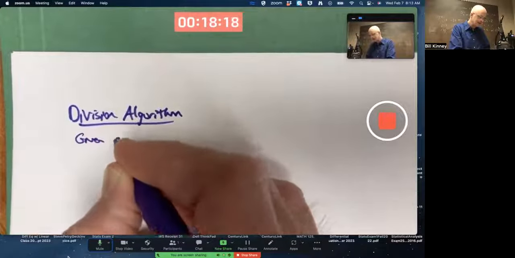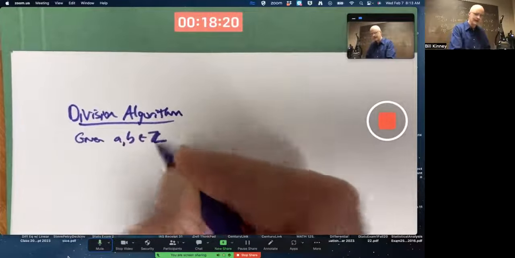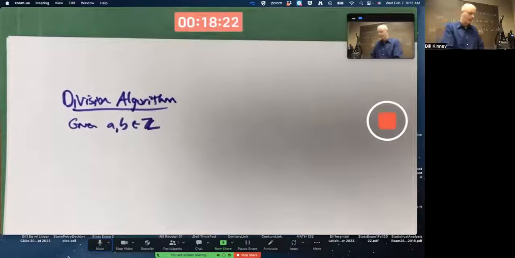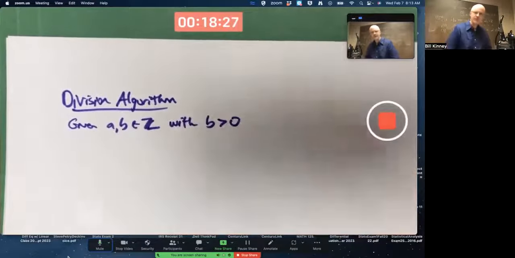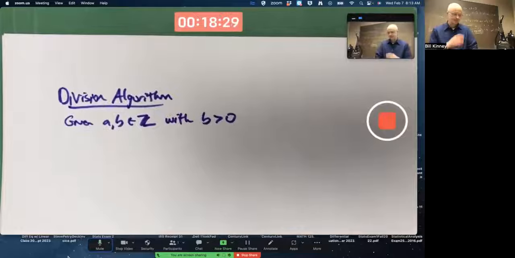Given two integers, a and b, with, just to keep it simple, b assumed to be positive, a could be negative.